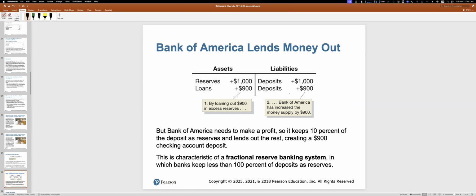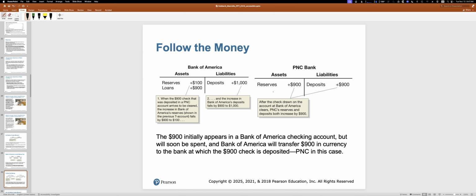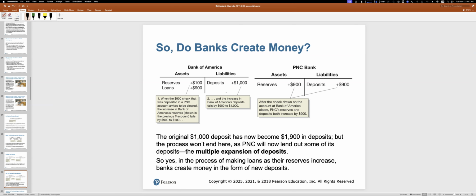So the bank lent out $900, and now someone else made another $900 deposit. And if we keep following this process of banks lending out, let's say 90% of every dollar they take in, now 90% of that $900 is going to be lent out, which would mean it's going to go up by $810, and so on and so forth. And we're going to see this expansion in deposits over time.